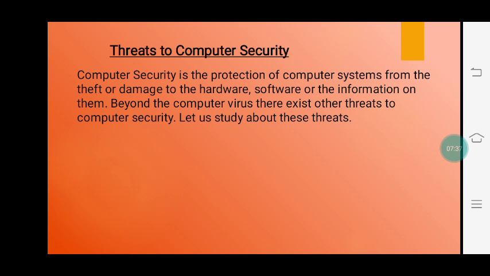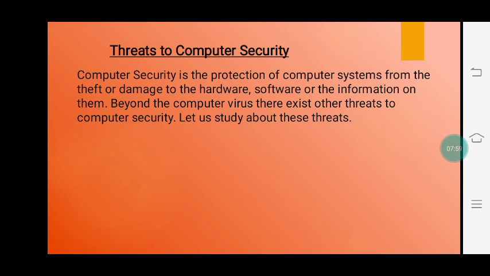Now computer security is the protection of computer system from the theft or damage to the hardware, software or the information on them. Beyond the computer virus, there exist other threats to computer security. Let us study about these threats.